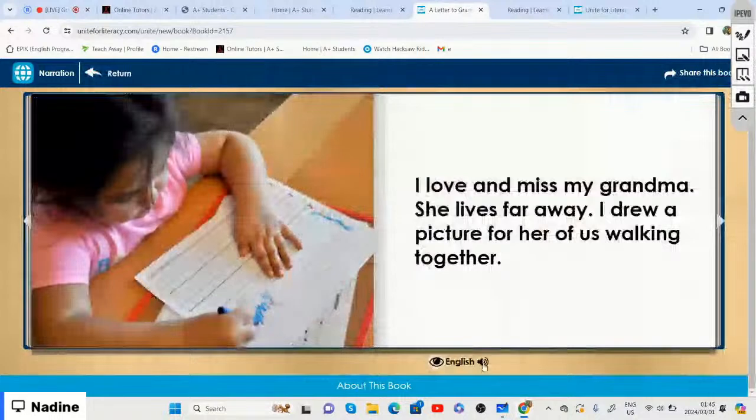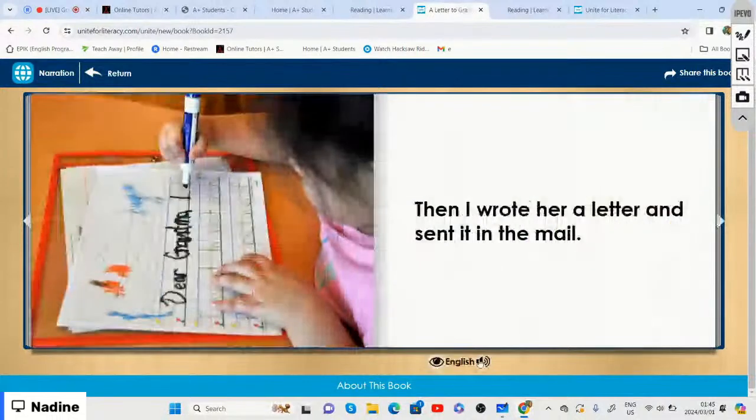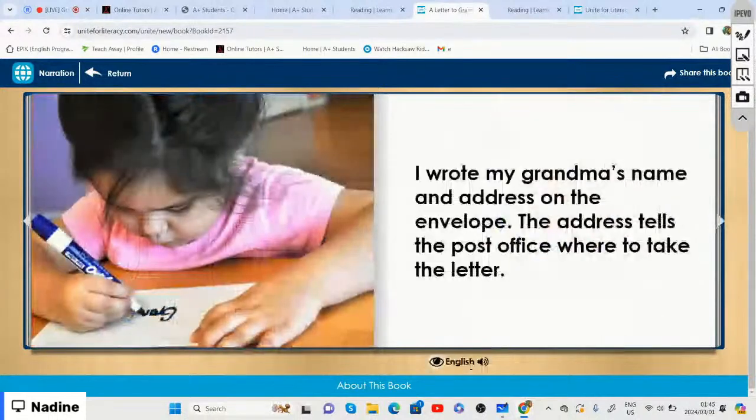I love and miss my grandma. She lives far away. I drew a picture for her of us walking together. Then I wrote her a letter and sent it in the mail. I wrote my grandma's name and address on the envelope.